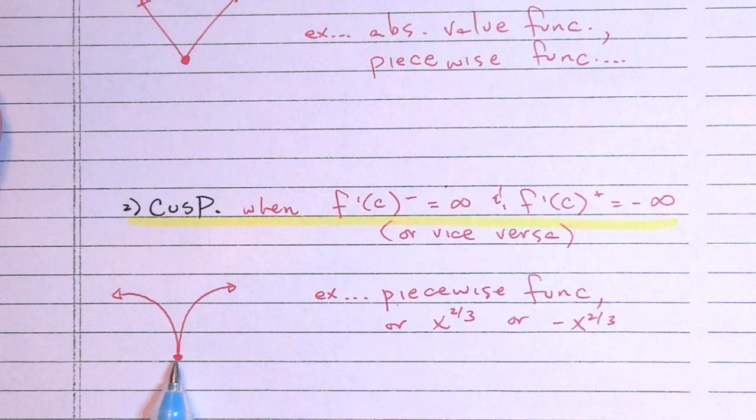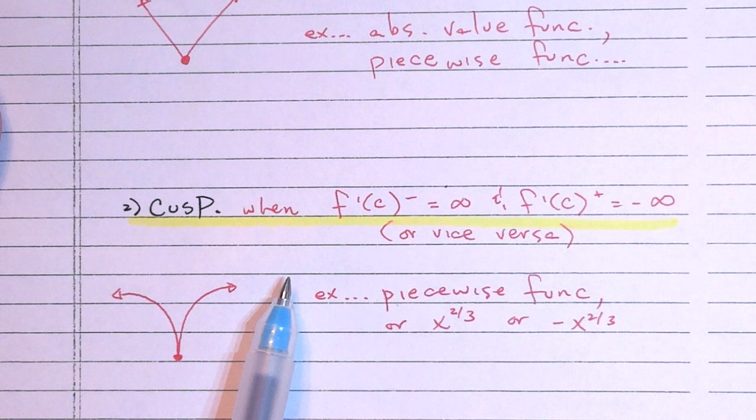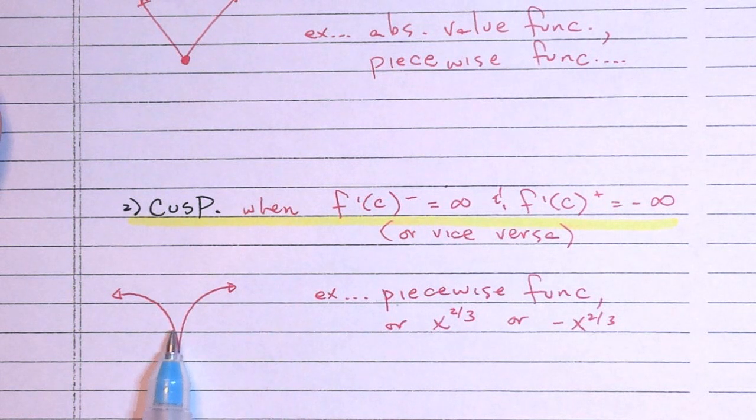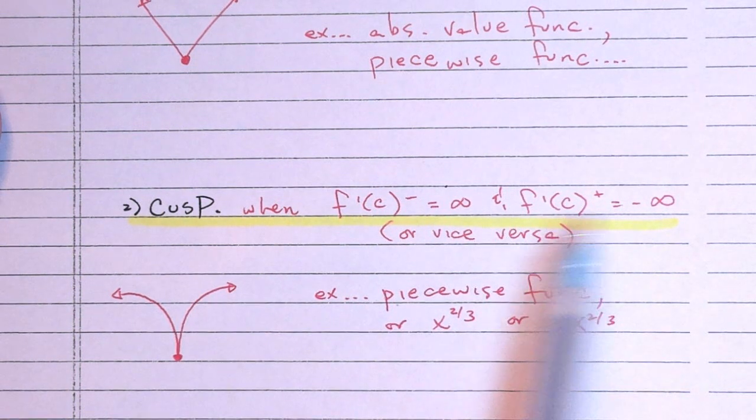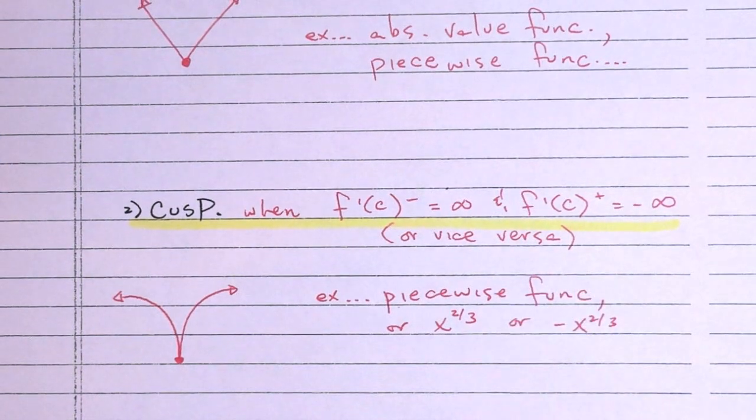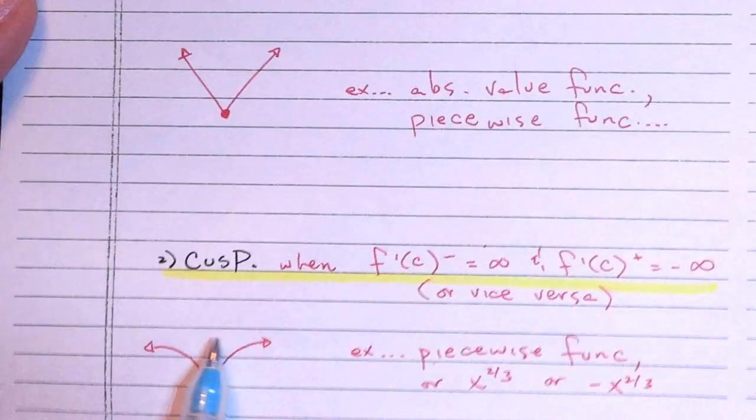And then all of a sudden on the right side, this is very, very positive, and then a little bit positive, and then barely positive, and then it looks like it's going to be a 0 slope over on the right side pretty soon, okay? So from negative infinity to positive infinity on the other side, or vice versa, it doesn't matter which side, it can look like this, and it's still a cusp, right? So that's what a cusp is.